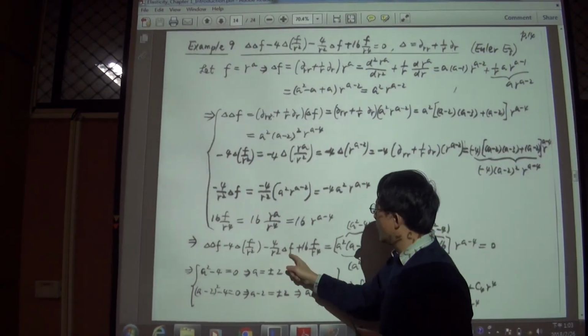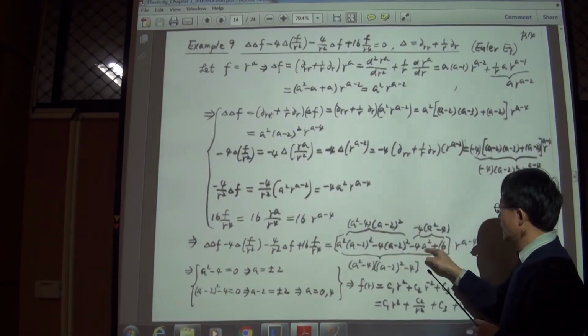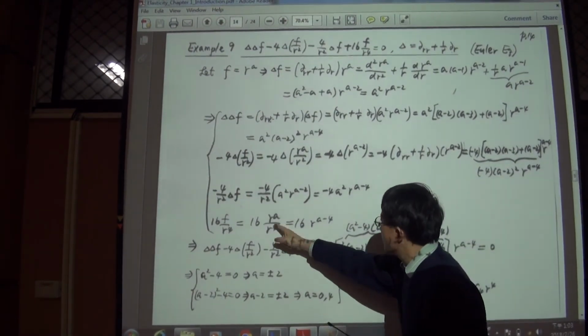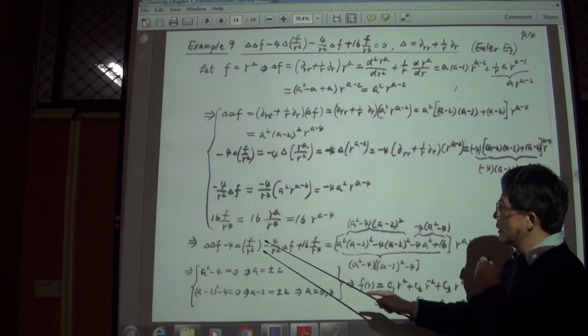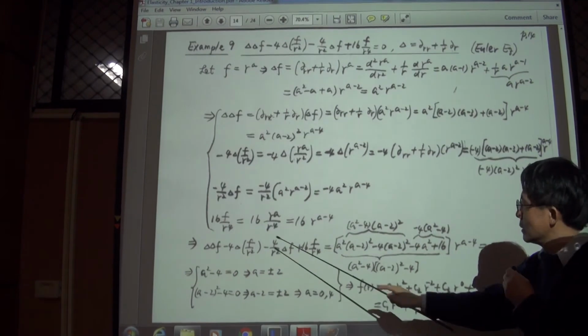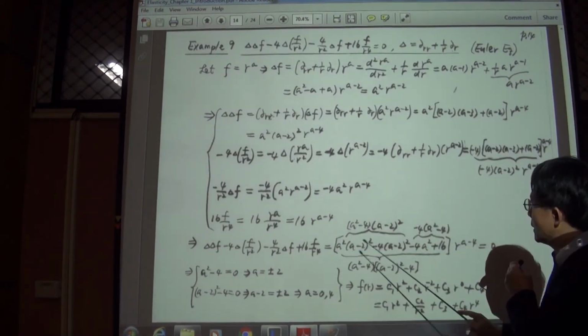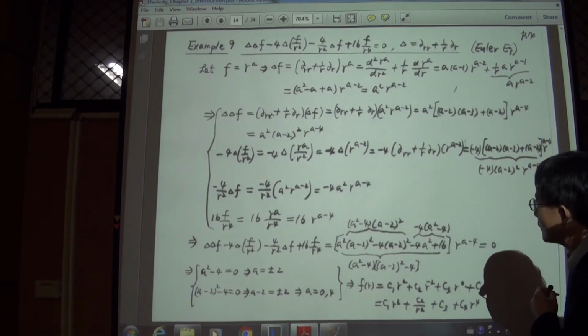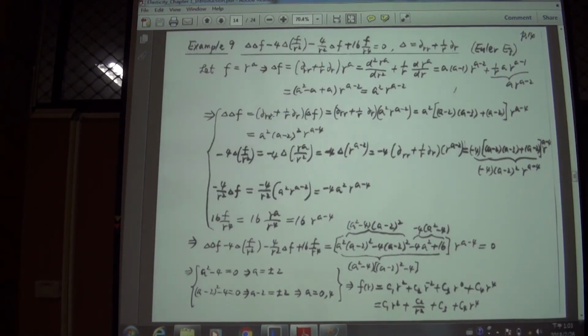And this term is this term, the result is here. We put it like here. And this term is this term, the result is here. And this term is this term. We put it like here. So this one is this one, this one is this one, this one is this one. Okay, they all have the common term r^(a minus 2).